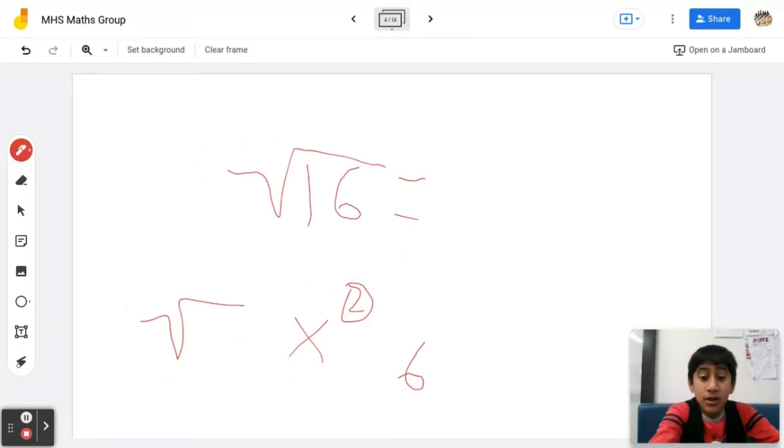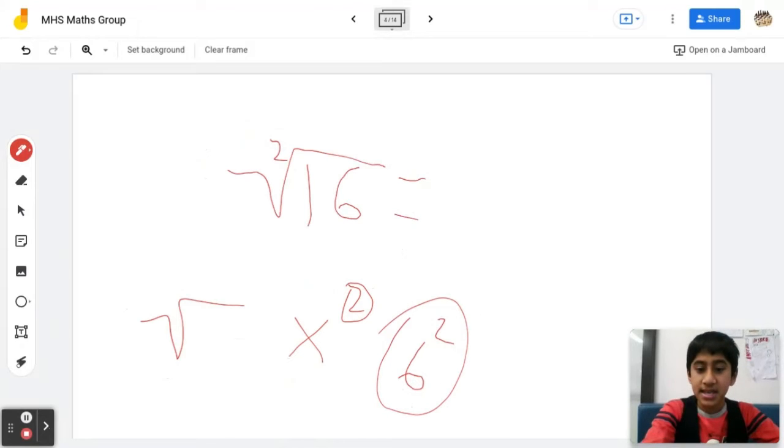So we could pick putting the 2 over here, and since we're doing the square root, remember there's a 2 over here, but we don't have to write it. 6 exponent 2 is read out as 6 squared: 6 multiplied by itself 2 times. If I put a 3 over here instead, it would be 6 multiplied by itself 3 times.